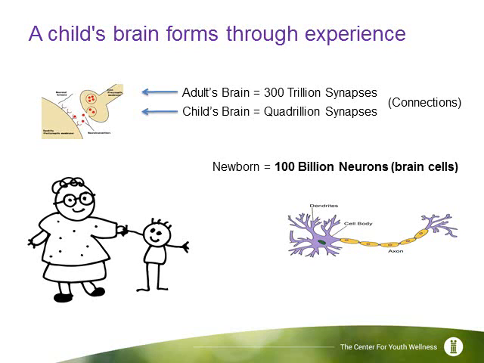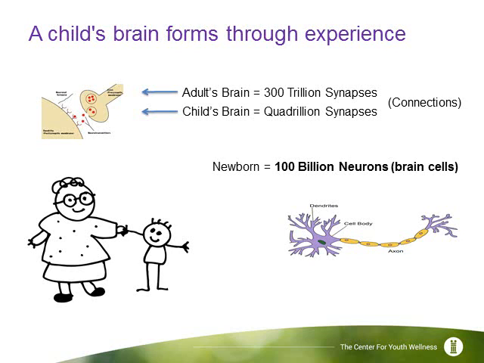Those connections form at a very rapid speed during the first 5 years of life. They form at about 700 to 1,000 new synapses per second. Those connections are created through everyday interaction and are important because they form the architecture of the brain. So every time you talk to and engage a child, you are literally growing a brain, connecting the different parts of the brain which allow for new ideas, new insights, and creative thinking.